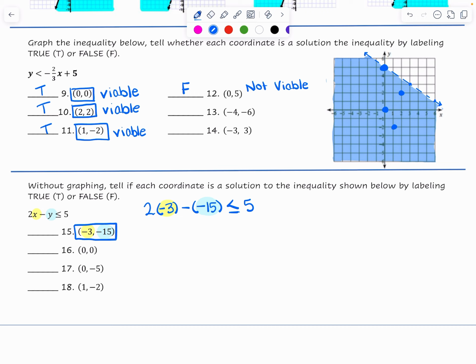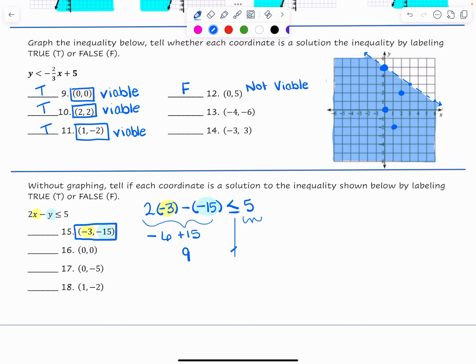Now when I'm checking this, I want to see whether this side is truly less than or equal to 5. Okay? So 2 times negative 3 is negative 6. Negative times negative 15 is positive 15. Negative 6 plus 15 is 9.